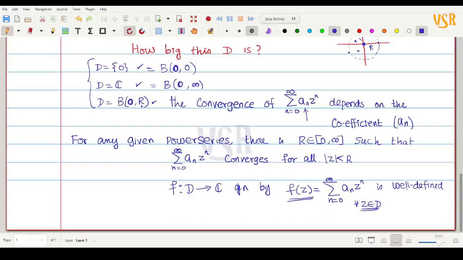So this is well defined. ஓகேங்களா, இந்த R க்கு பேர் வந்து என்னது அப்படினா, this R is called the radius of convergence. இந்த D க்கு பேர் வந்து, this is called the circle of convergence.